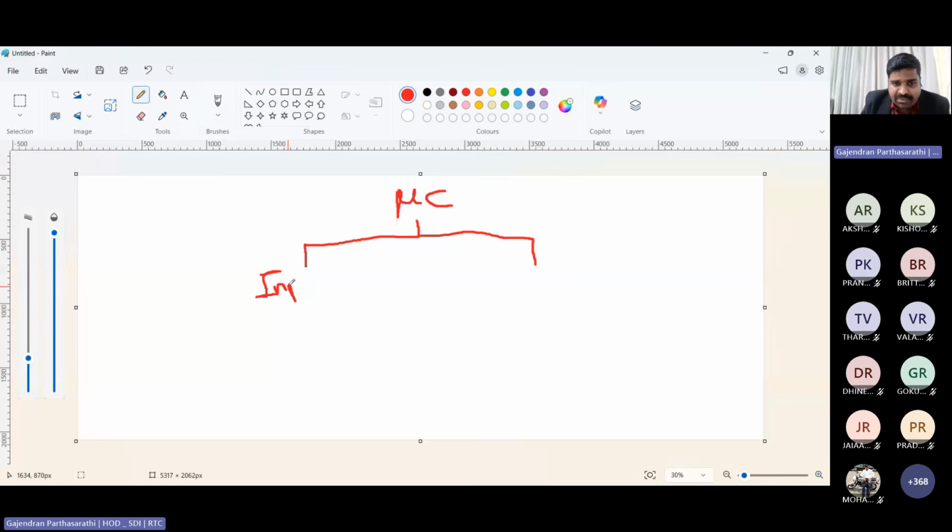Can you tell me an example for an input device and an output device? Okay. So these are the two major categories of any microcontroller interfacing circuits. One is input, another one is output.